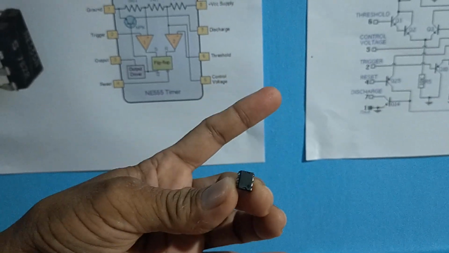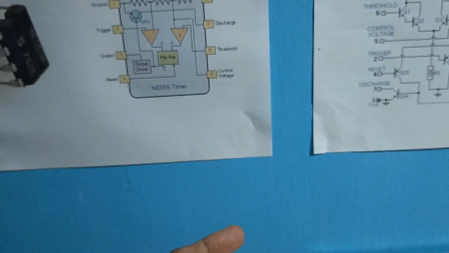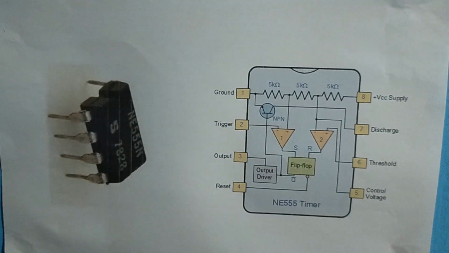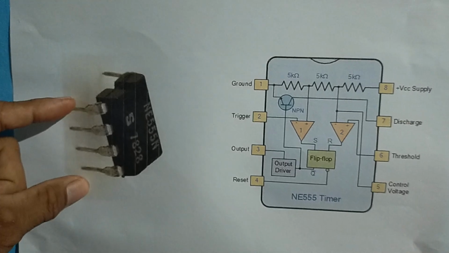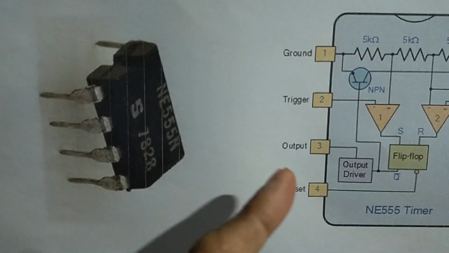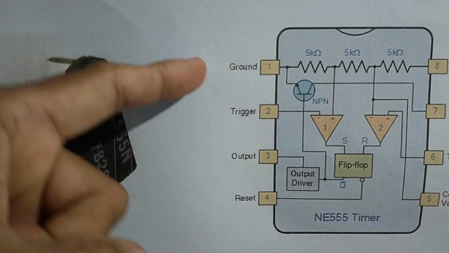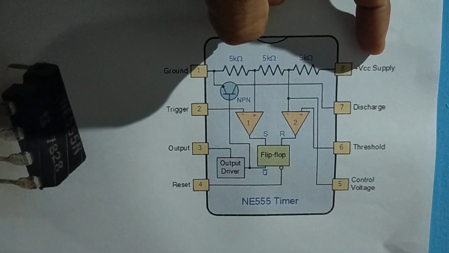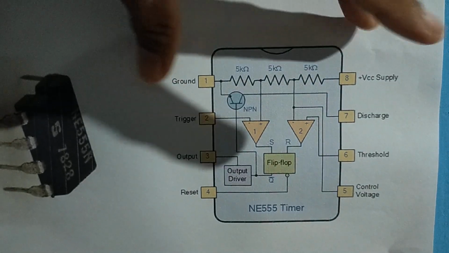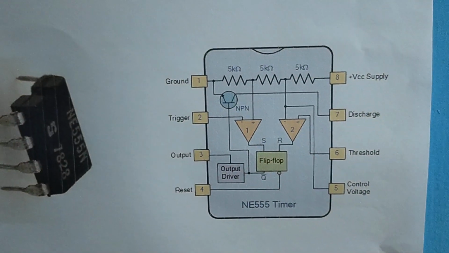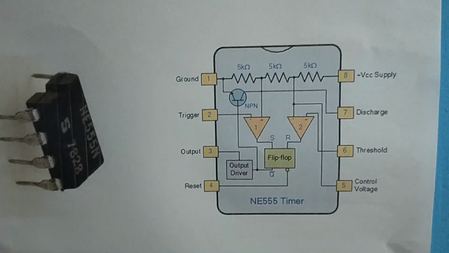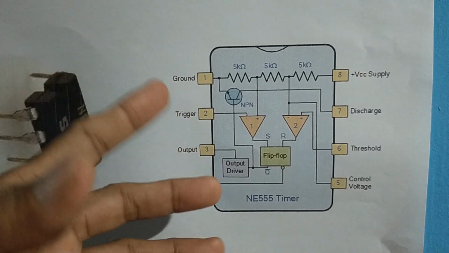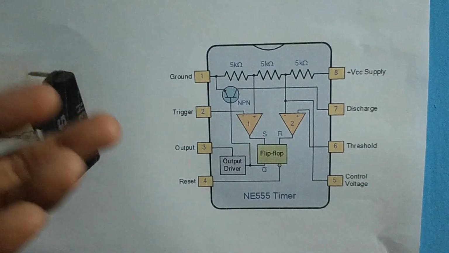It is a dual inline package where each side has 4 pins. Number 1 is the ground, and number 8 is the positive side where the power supply is connected. This IC can be supplied with voltage ranging from 4.5 volts up to 15 volts.